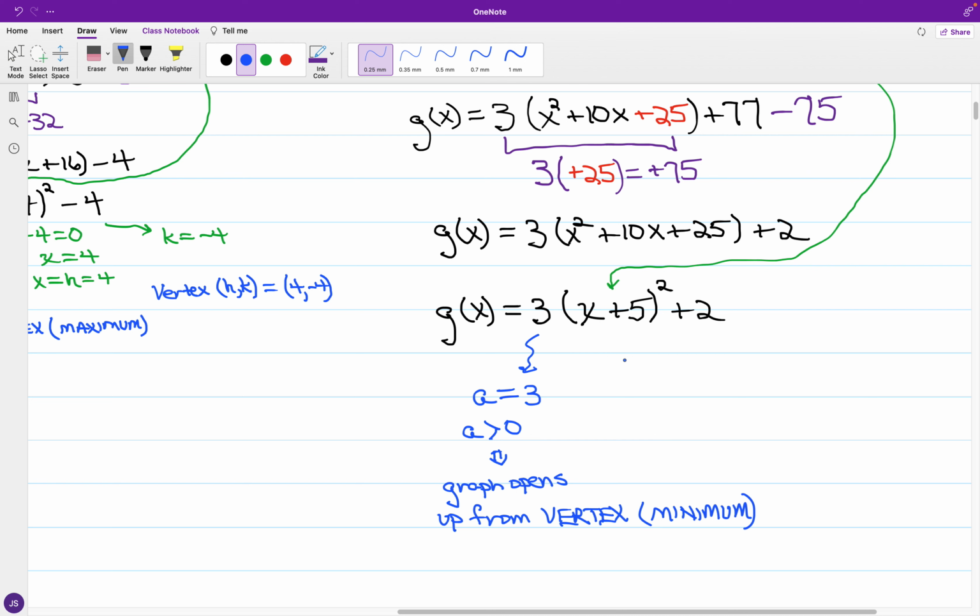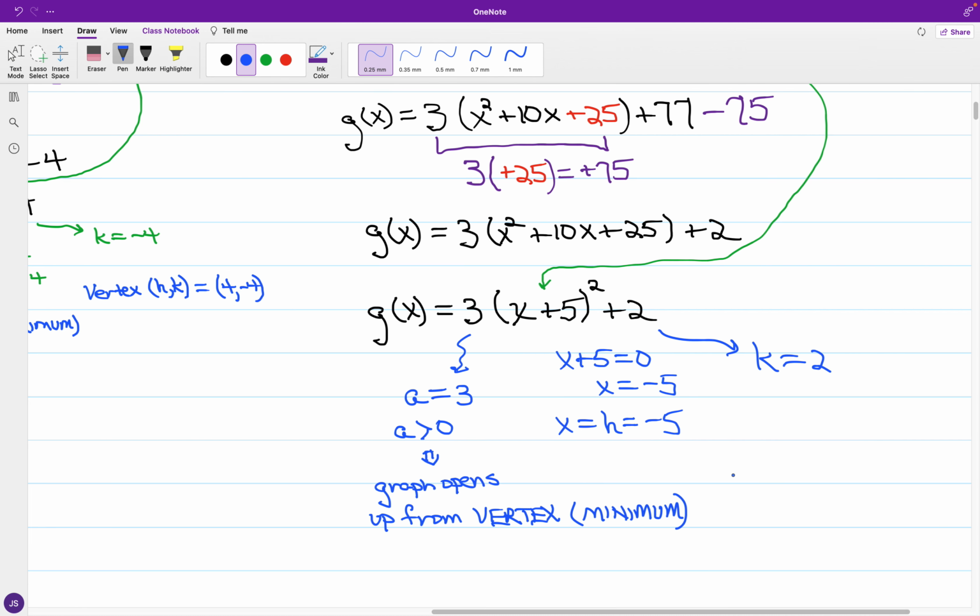And for the x plus 5 part, if I get the zero of this, so for x plus 5 equal to 0, we have x is equal to negative 5. Again, that is going to be the h value. And just for the k value, we have the addition of 2 at the end, so k is equal to 2.